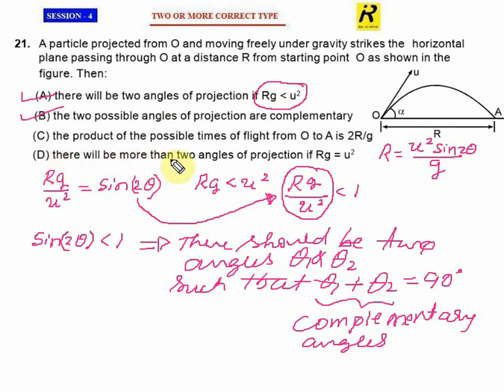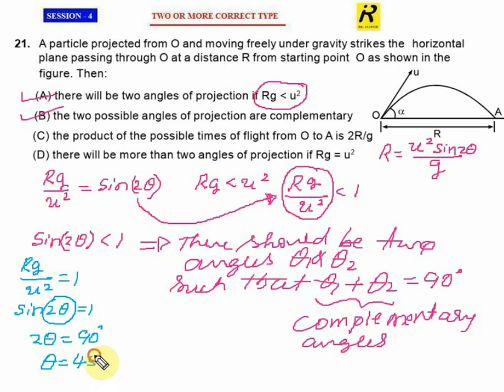There will be more than two angles of projection if Rg is equal to U square. Let me take this situation. If Rg is equal to U square, then Rg divided by U square is equal to 1. That means sine 2 theta is equal to 1. This is true when 2 theta is equal to 90 degrees, that means theta is equal to 45 degrees.